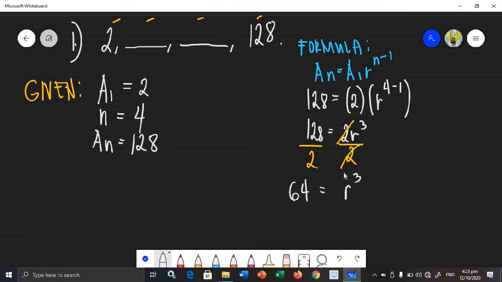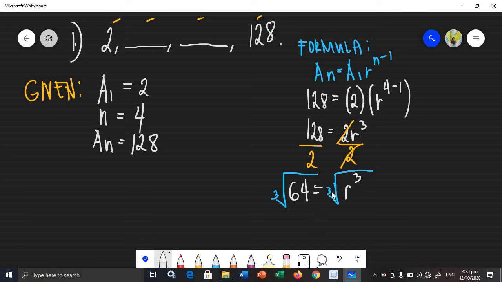Para mawala po si cube na exponent niya, we need to divide. No, I'm so sorry. We need to get the cube root of both sides of the equation. Diba? Kung ano yung exponent niya, yun din dapat yung index or yung root dito sa labas. Okay? So, equals, ayan.